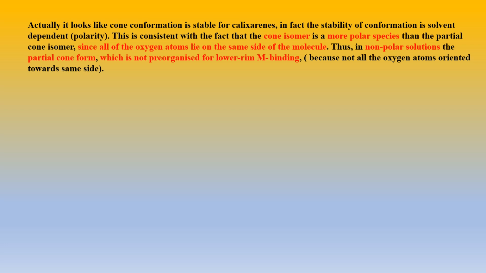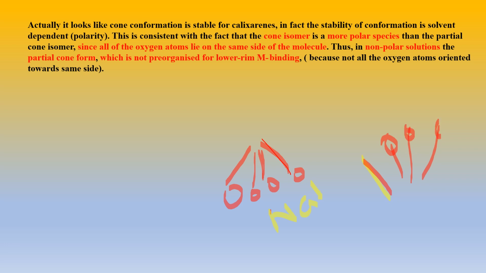So you can see that when sodium ions are bound to this oxygen atom, the arrangement has a cone-like orientation. The oxygen atoms are situated inside this cone-like structure. If I view it in the inverted position, it is more or less like a cone.